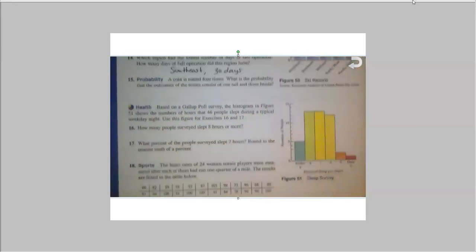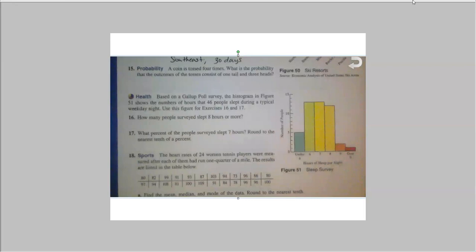All right, I'm going to jump on down and do one final graph for chapter 7 before we move on. This is a histogram. It's based on a Gallup poll survey. This figure shows the numbers of hours that 46 people slept during a typical weekday night.